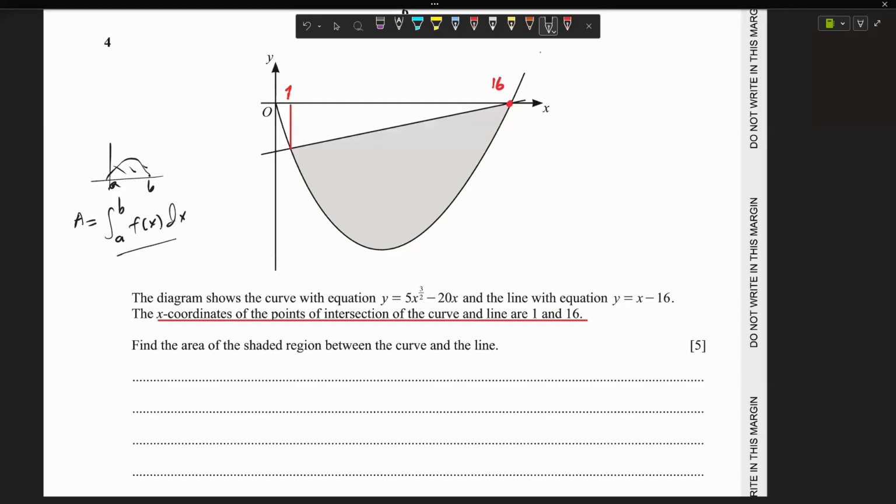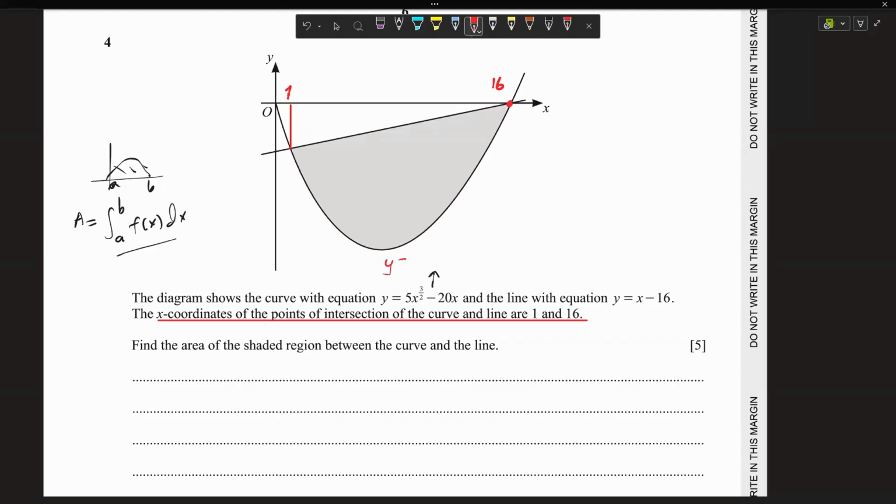So we want to take it to be like it's in the first quadrant, and we can easily do that just by reflecting it in the x-axis, basically.